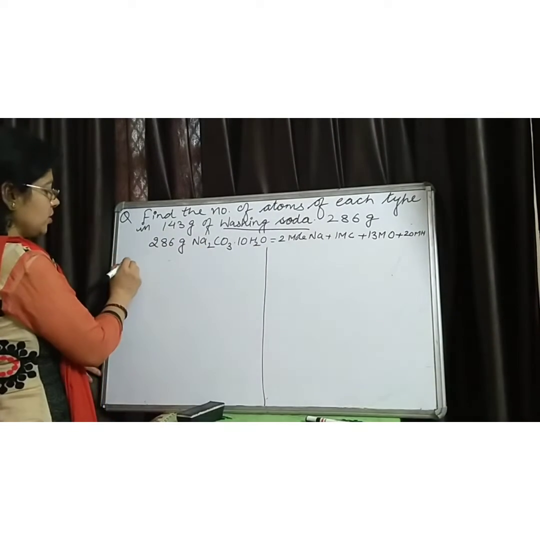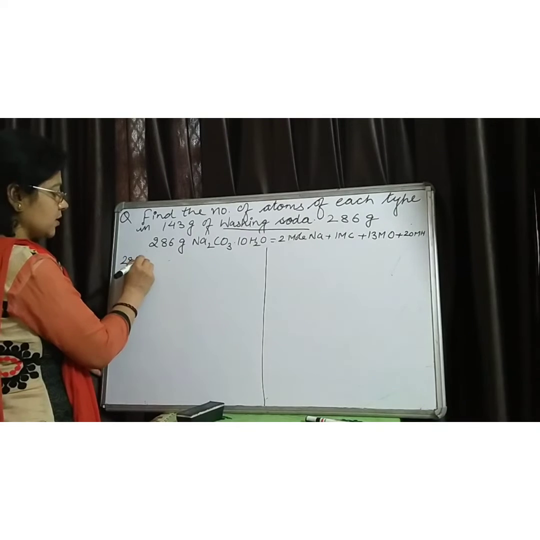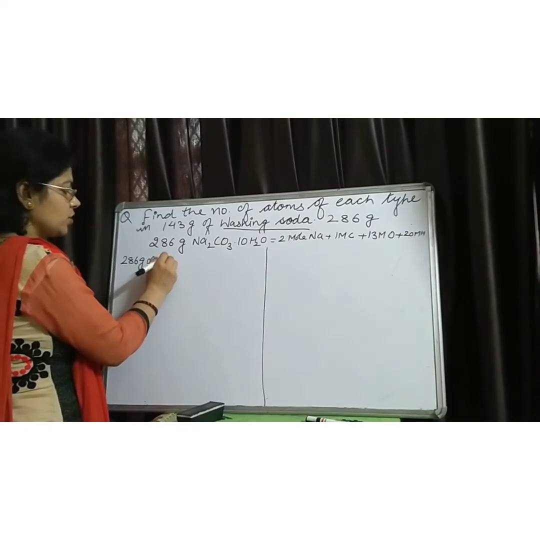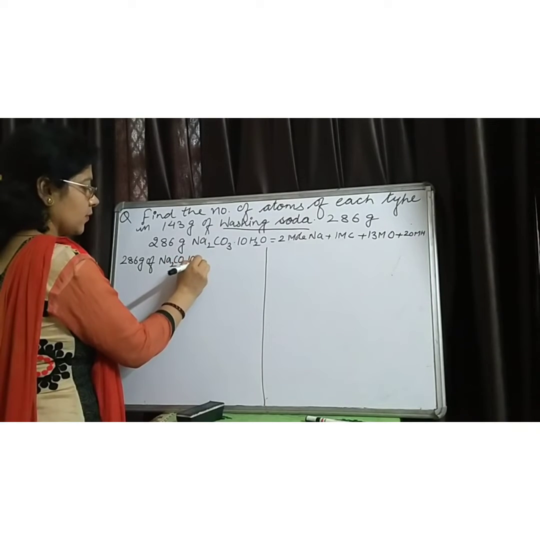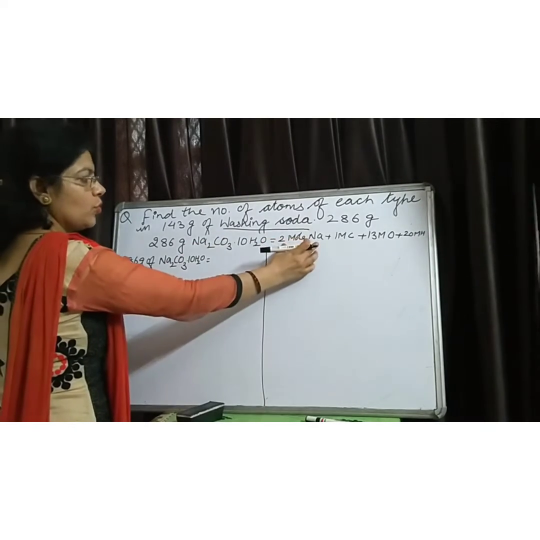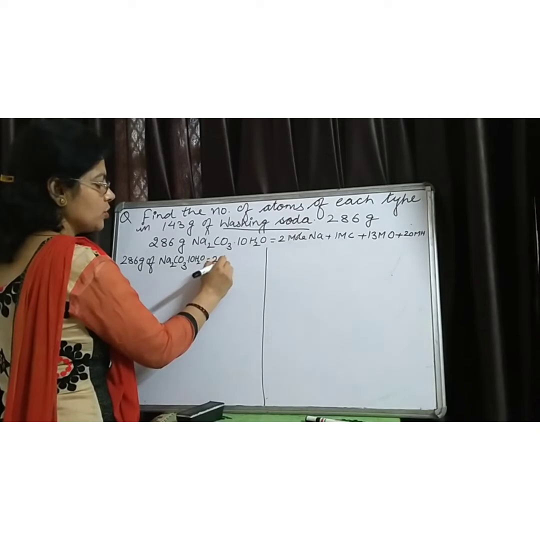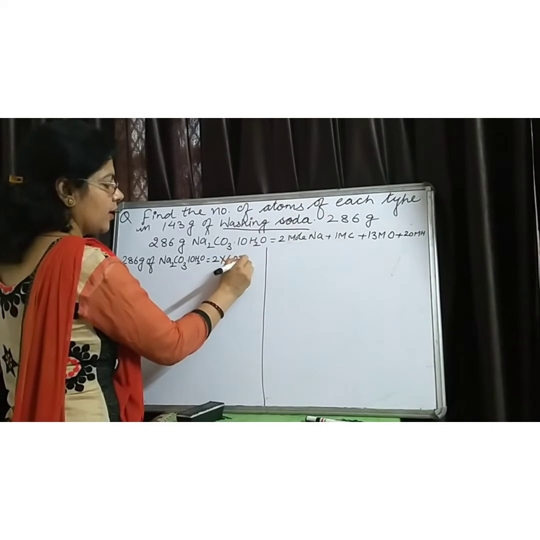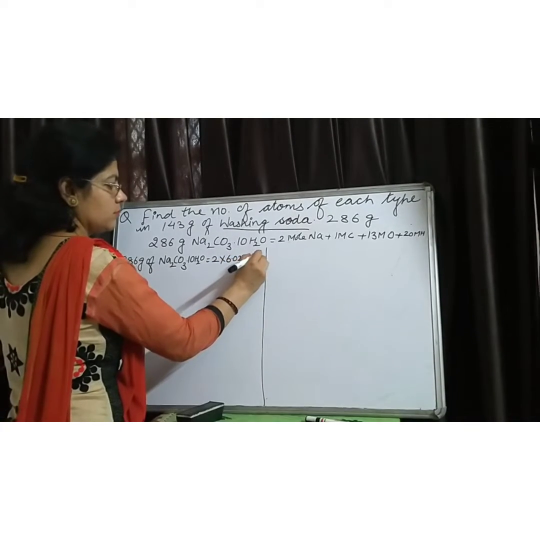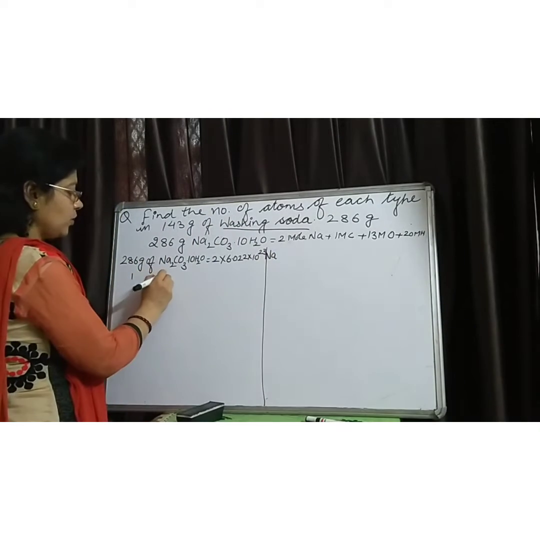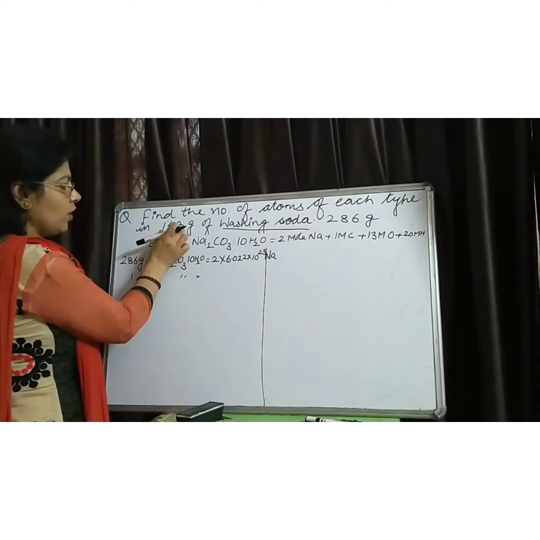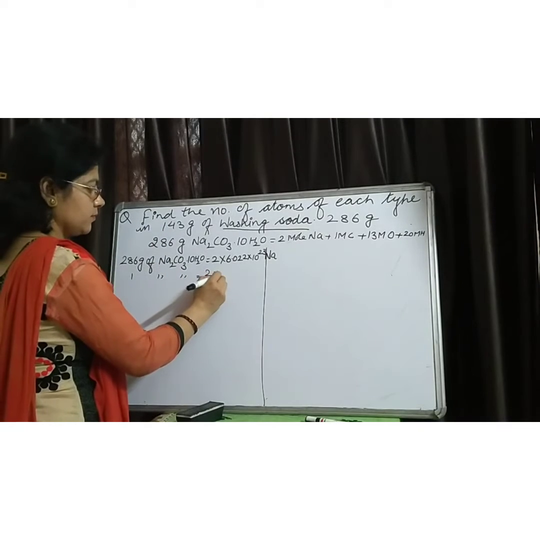From this relationship we know that 286 gram of washing soda has 2 moles of sodium. 2 moles means 2 into Avogadro number, and we have to calculate in 143 grams.